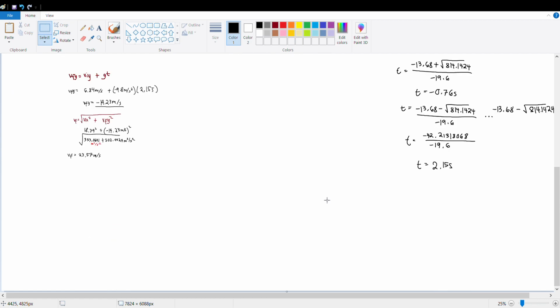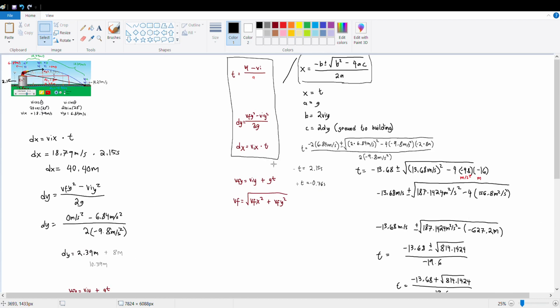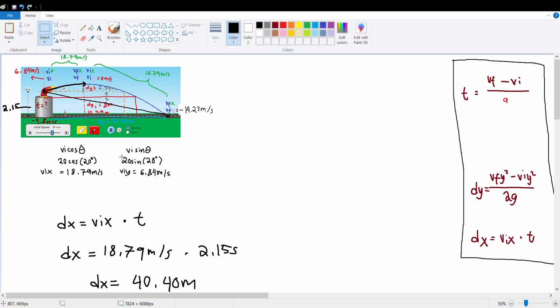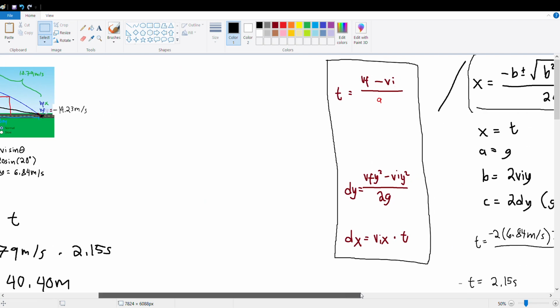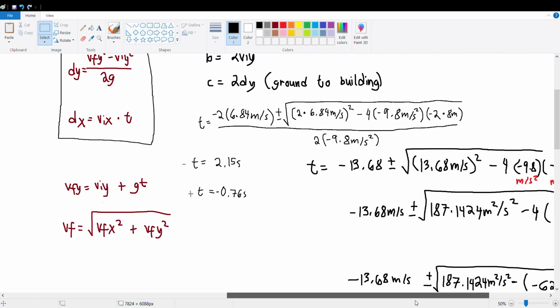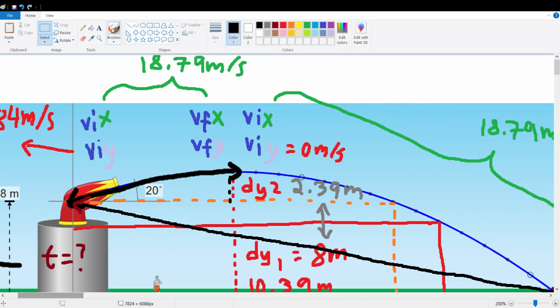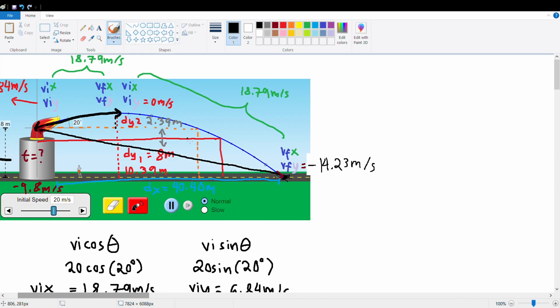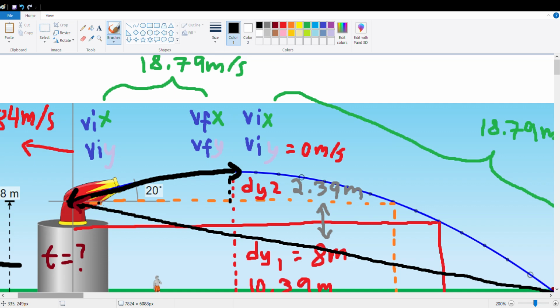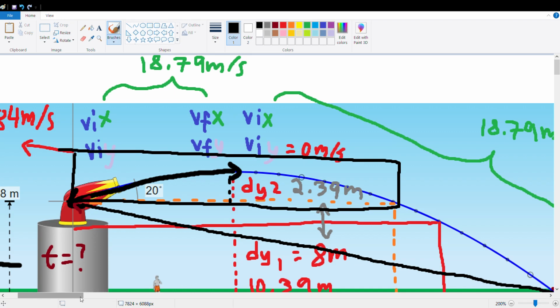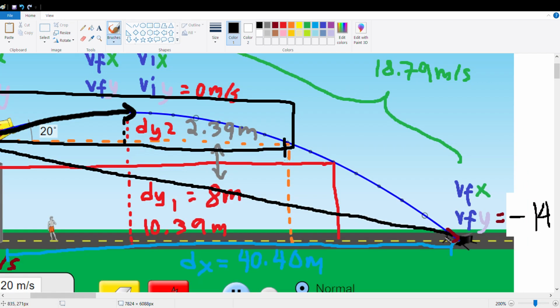Now, I said that you can also have a different way of doing this and not just doing the quadratic formula. You can actually break it down, but I am not going to be showing you. You can actually try to solve this using the breakdown method. So all you need to do is find time here and find the other time here.